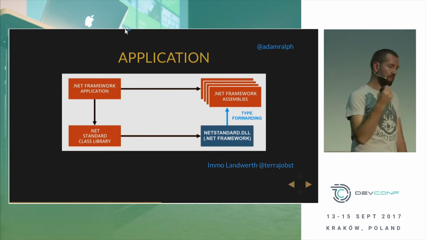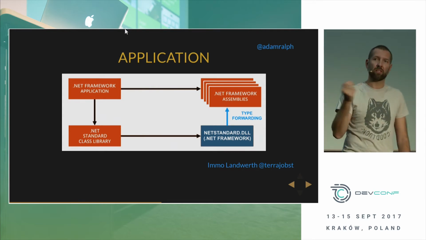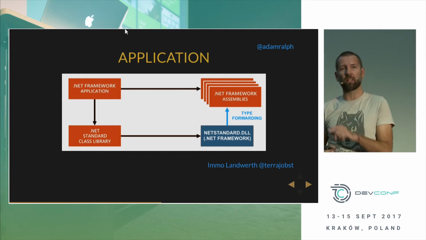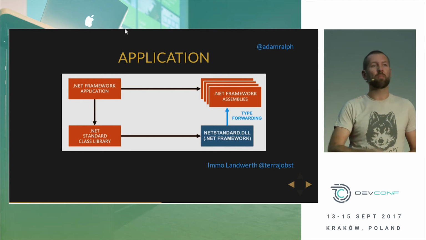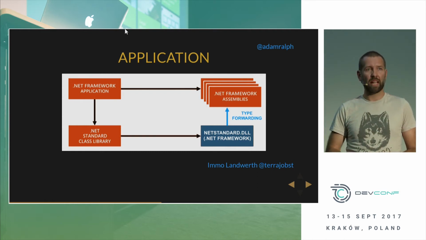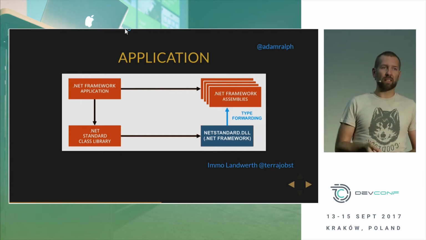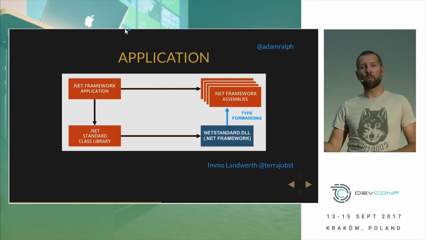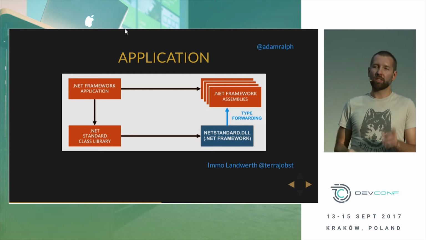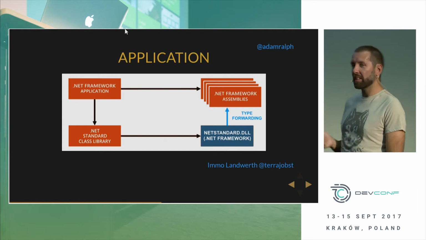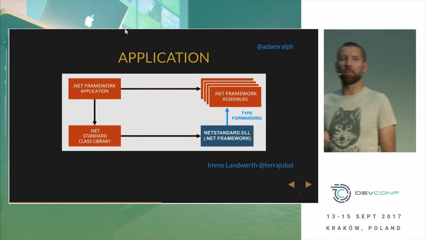Right? Because it's important to remember that the definition of a type, or the name of a type in .NET, is not just system object. It's assembly name, type name, and version and public signing key and stuff. So system object is actually MS Core lib system object. So what that means is the .NET Framework application up here thinks system object is in the MS Core lib.